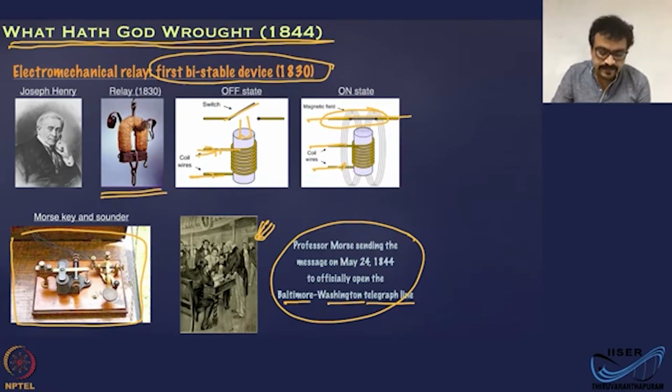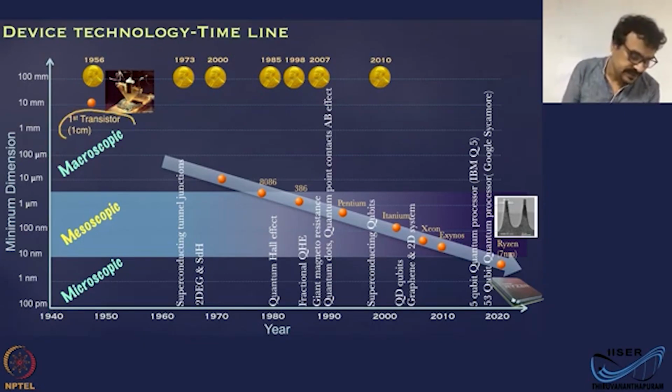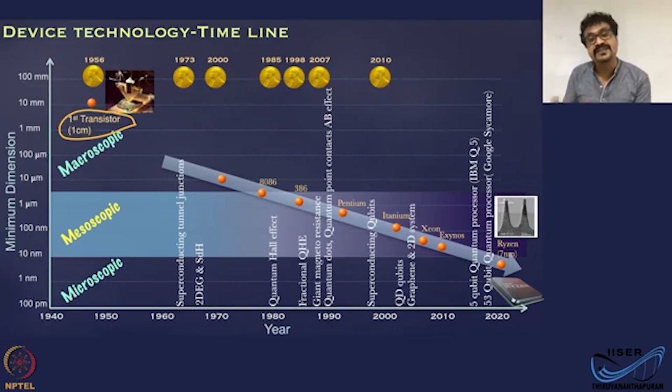And more than 100 years later, you have another switching device, another bistable device, which is a transistor, revolutionizing the whole technology, which is responsible for the technology that we currently have.